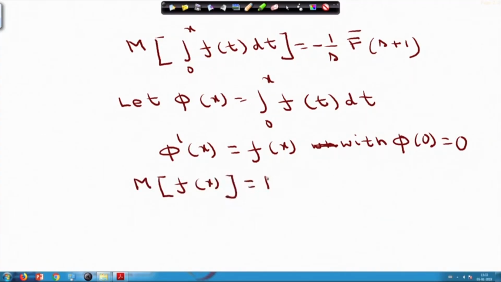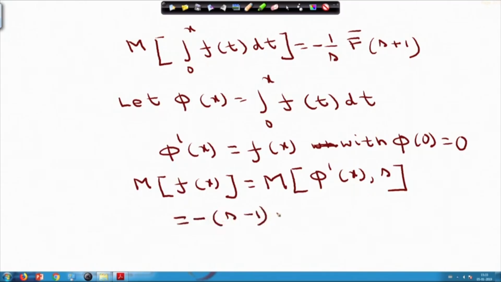Now you can write the Mellin transform of f(x), which is nothing but phi dash x. So, the Mellin transform of f(x) is equal to the Mellin transform of phi dash x, where the variable is s. This equals minus s minus 1 into the Mellin transform of integral from 0 to x of f(t) dt, but the variable will be s minus 1.